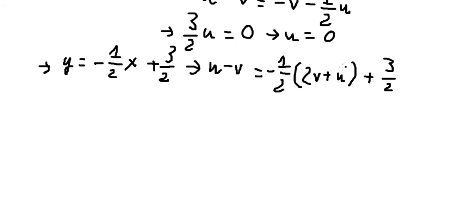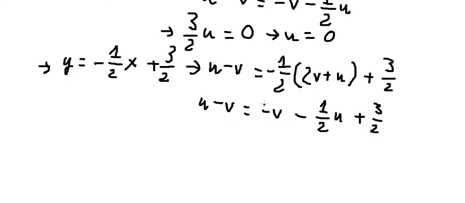Now we need to simplify, so we will have negative v equals negative 1 over 2 u plus 3 over 2. Negative v, we simplify, and we put this one to the left. So u plus 1 over 2 u, we have 3 over 2 u equals 3 over 2. So we divide both sides by 3 over 2. You got u equals number 1.